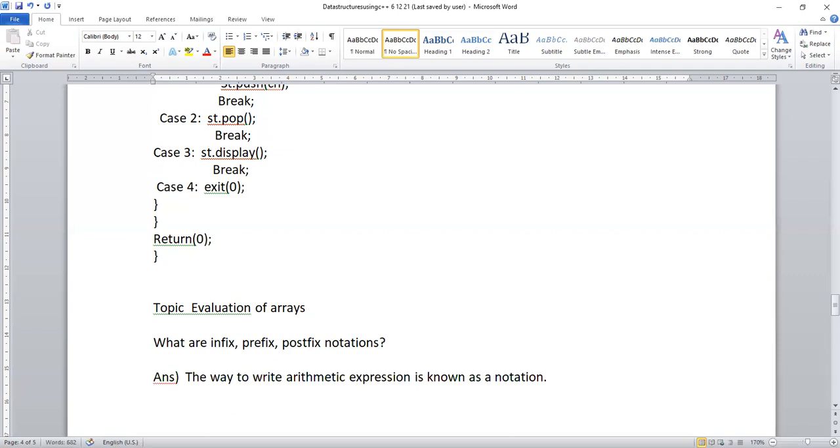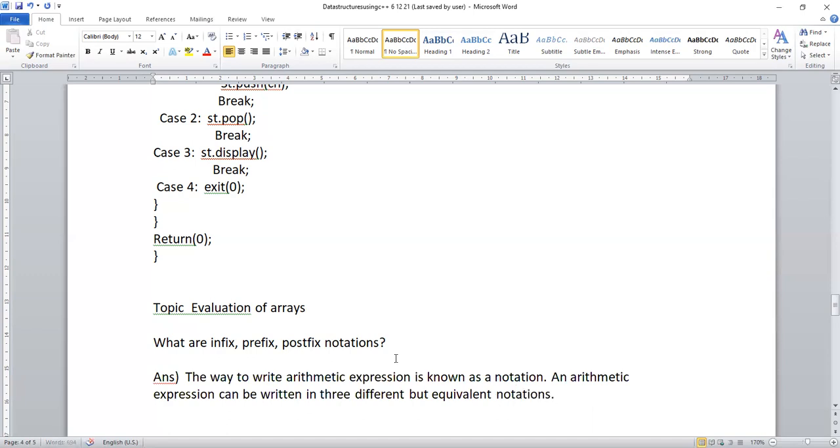So an arithmetic expression can be written in three different but equivalent notations.